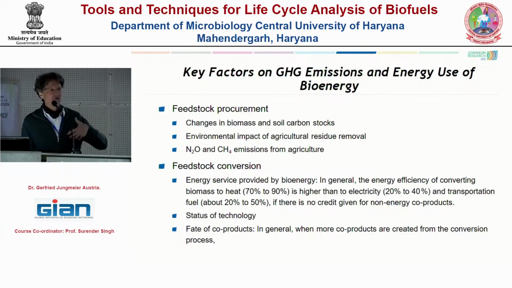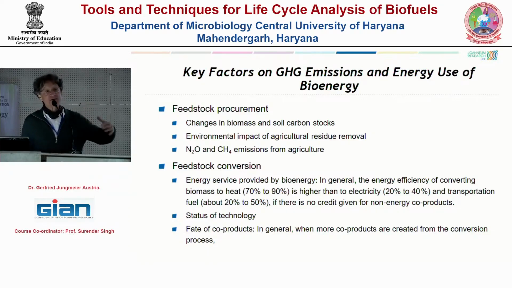And as soon as you put nitrogen on a field, there is a specific mechanism I show you in the afternoon in more detail, directly producing N2O emissions on the agricultural land. You cannot avoid that. You can minimize it a little bit, but we know that the N2O emissions from agriculture are quite relevant.